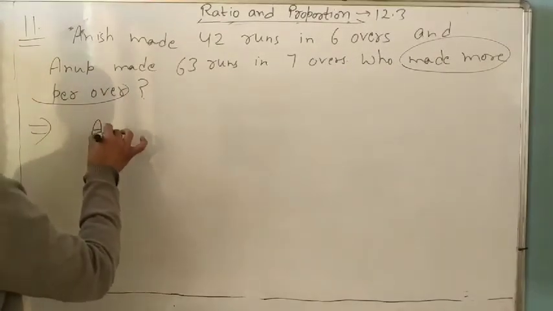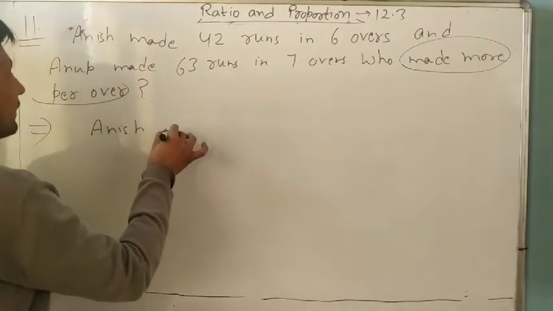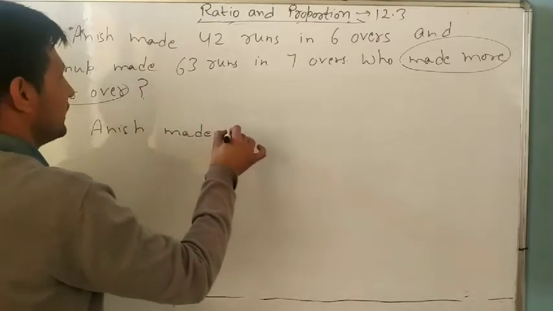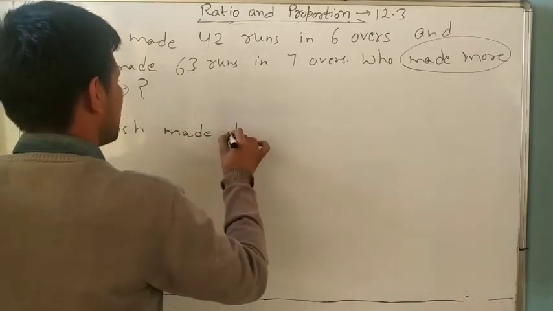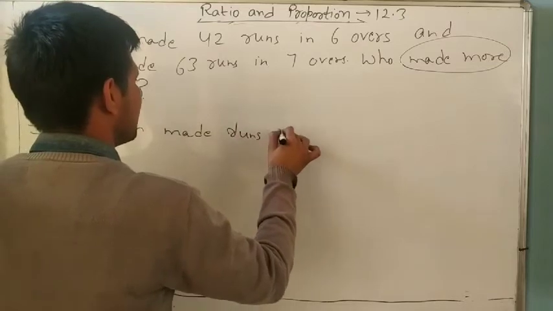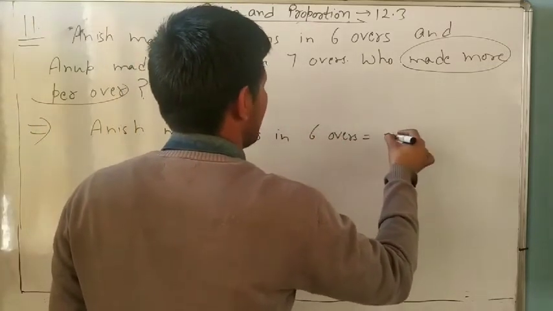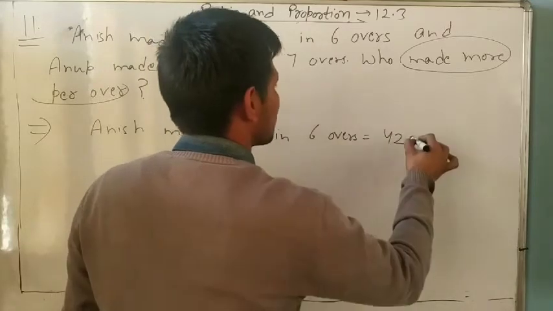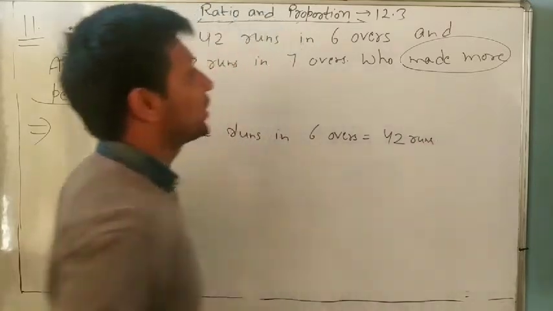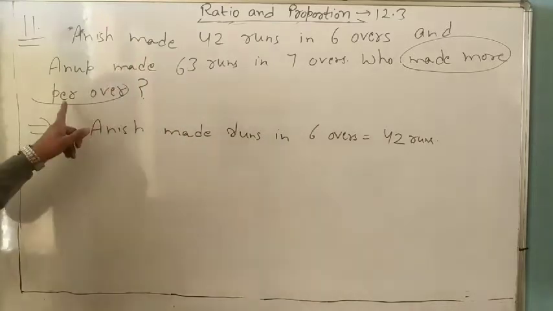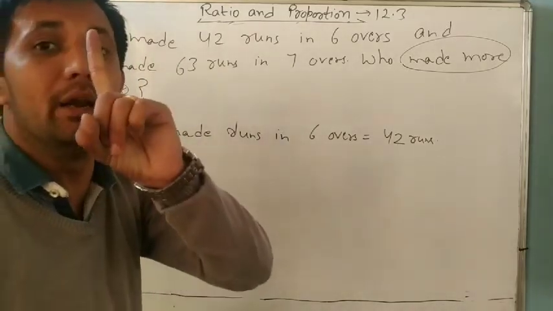So write: Anis made 42 runs in 6 overs. But we want to find who made more runs per hour. Per hour means in 1 hour.